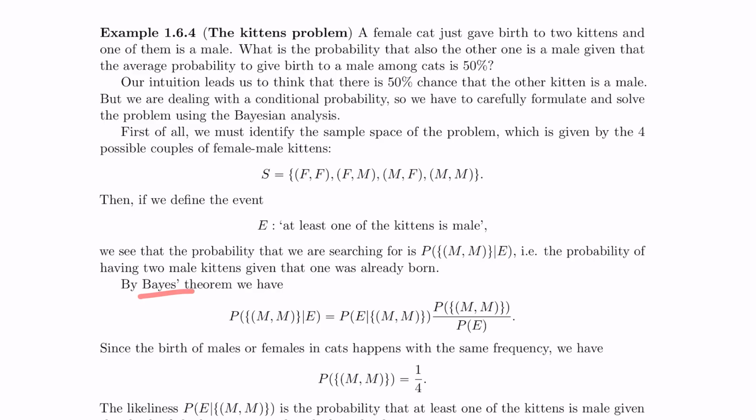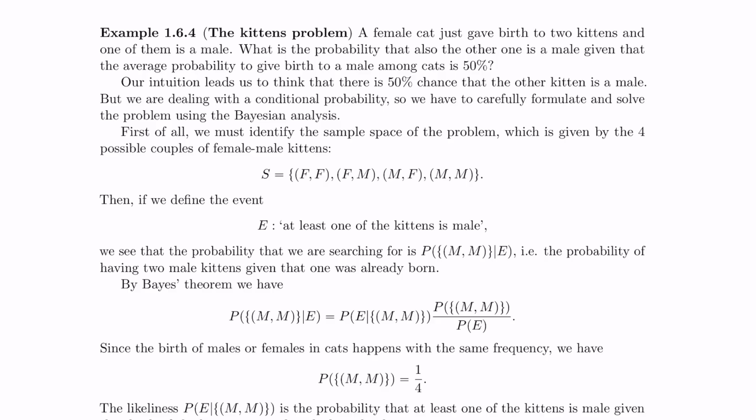By Bayes' theorem, we know that this probability is given by this formula. Since the birth of males or females in cats happens with the same frequency, we have that this probability is 1/4. Why that? Well, because this is simply an outcome, this one here, of a sample space which contains 4 outcomes.